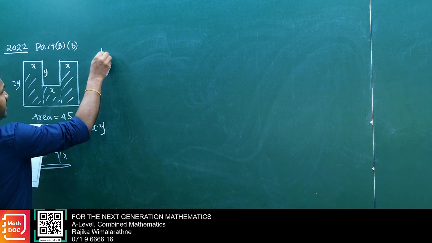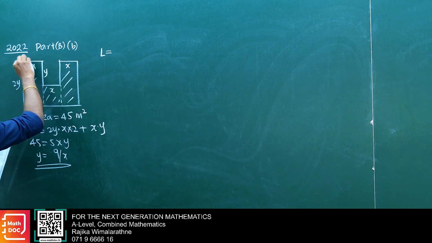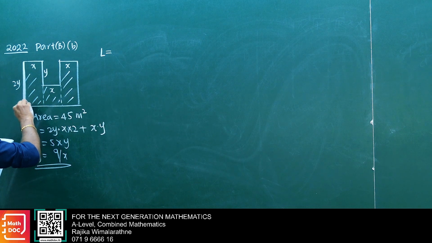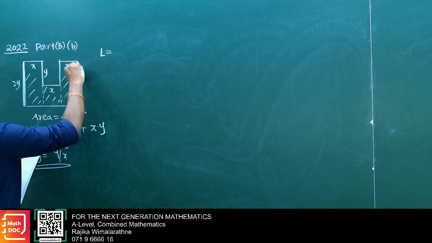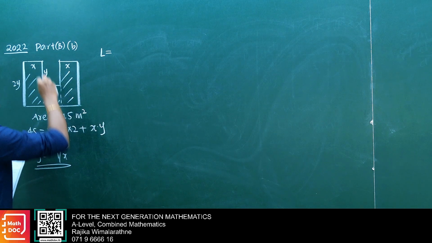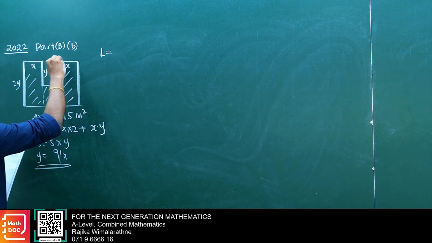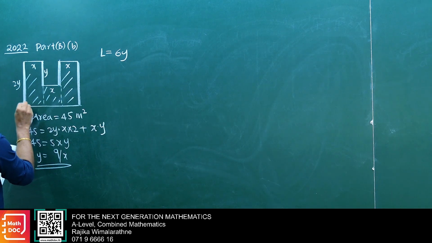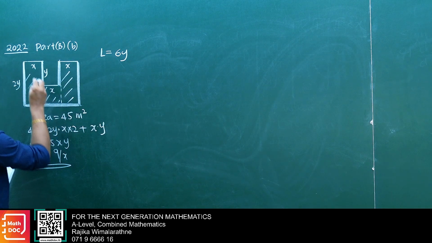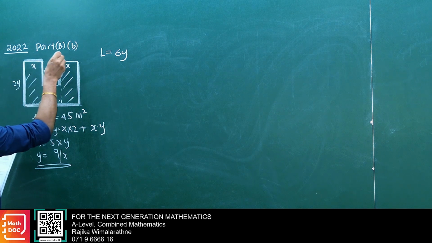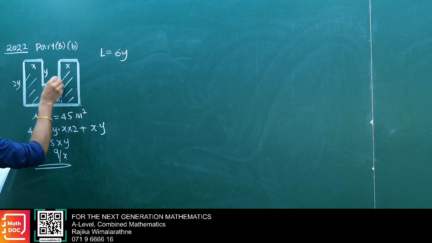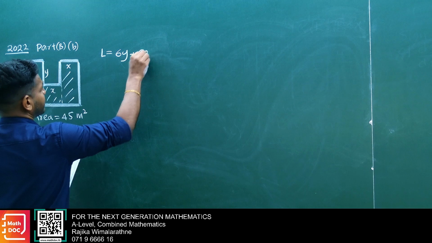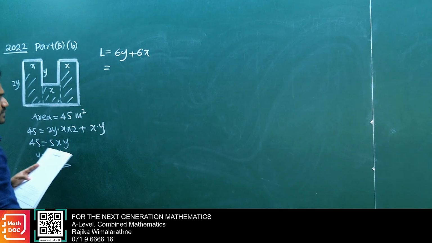Now the perimeter L: counting the sides, we get 6y and 6x. Here is the perimeter.